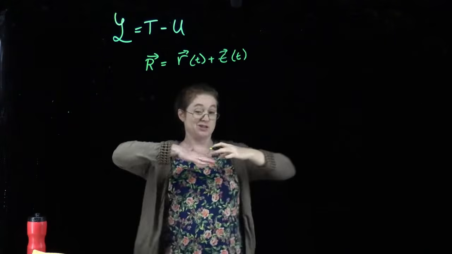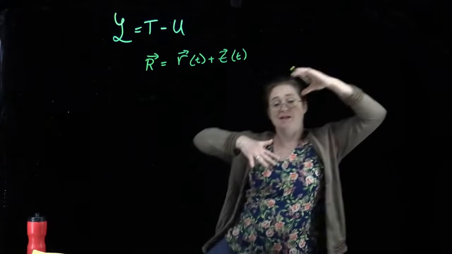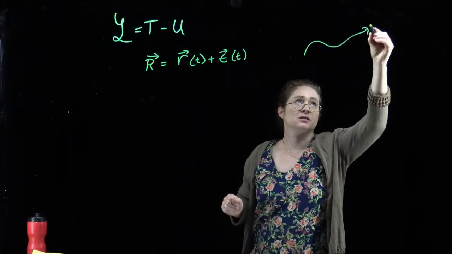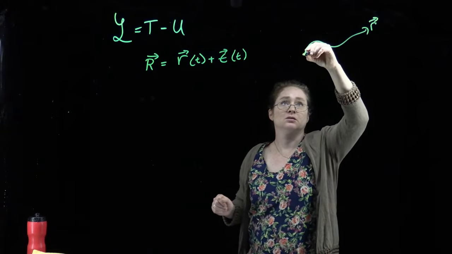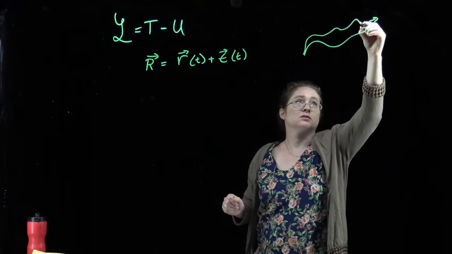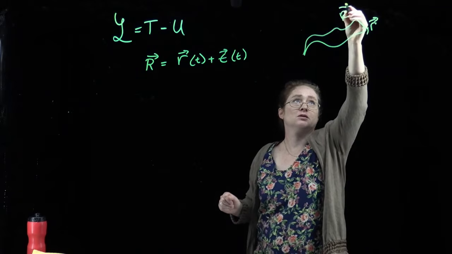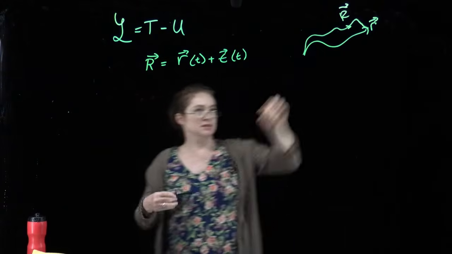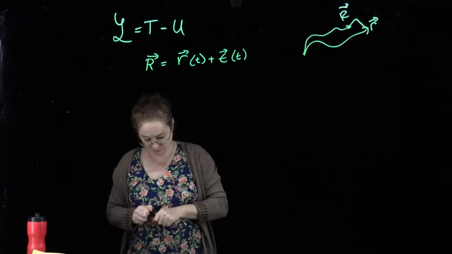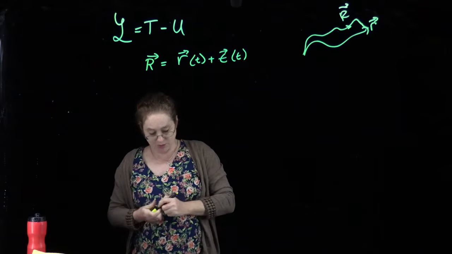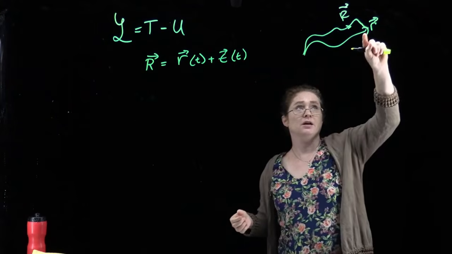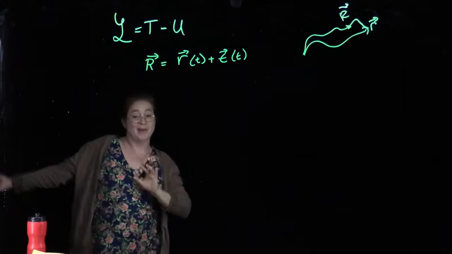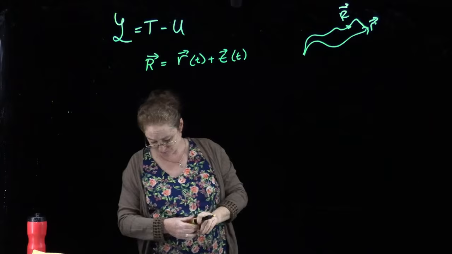Just like we did when we covered chapter 6, this is a slight deviation from the right path little r, where this is capital R, and there's some deviation from that. We force capital R to go through the endpoints. So we're only looking at the path between these 2 points.